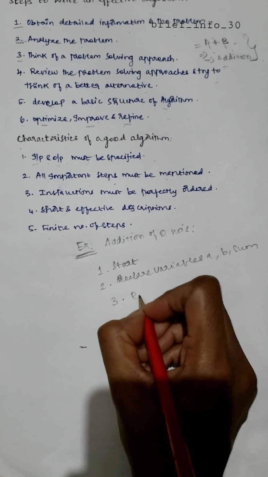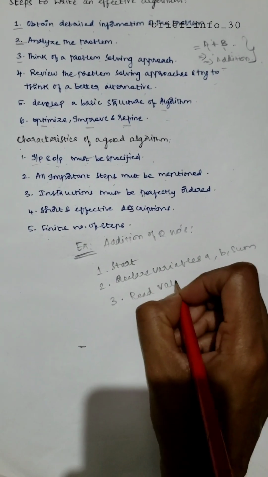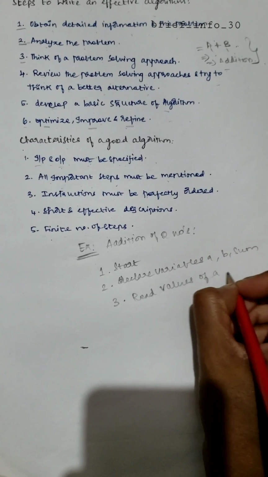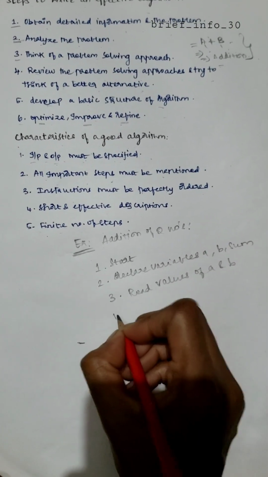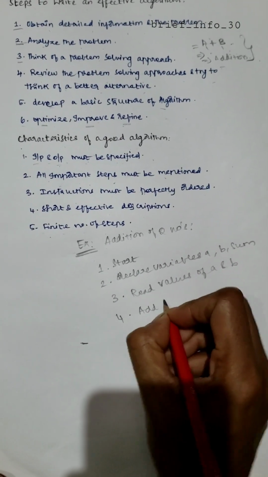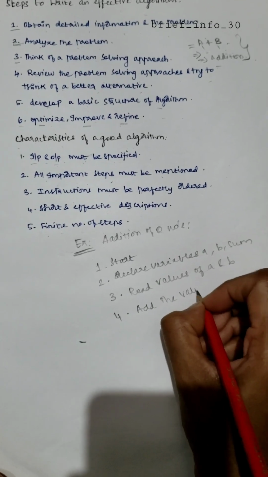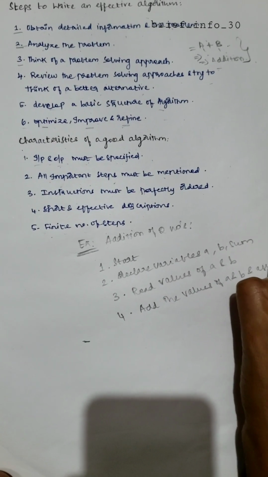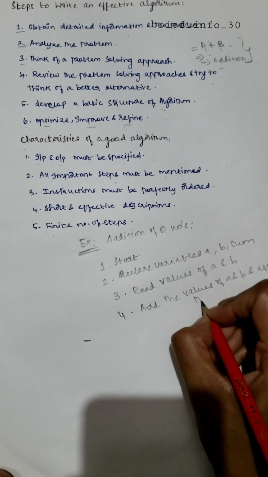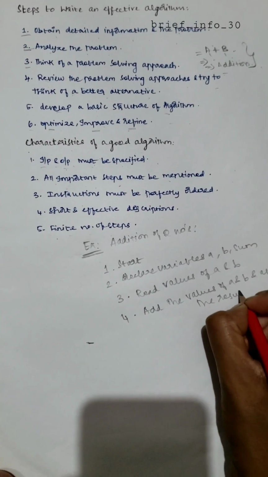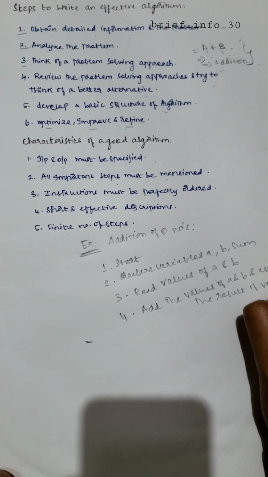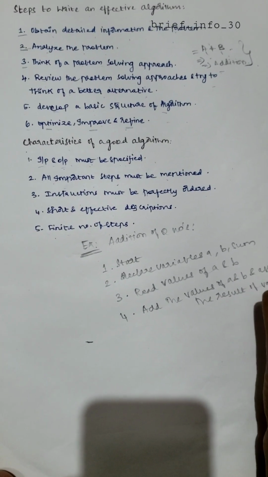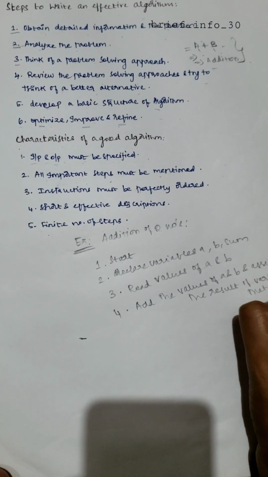Third one is you need to read the values of a and b. Fourth one is add the values of a and b and assign the result to the variable sum.